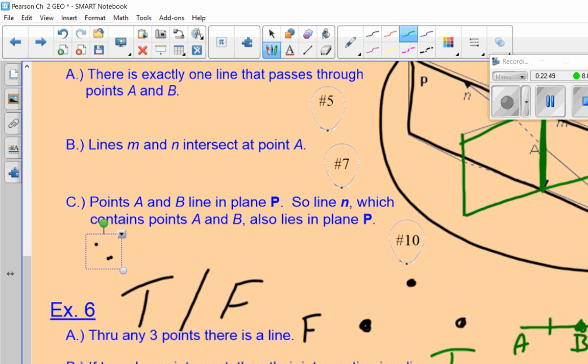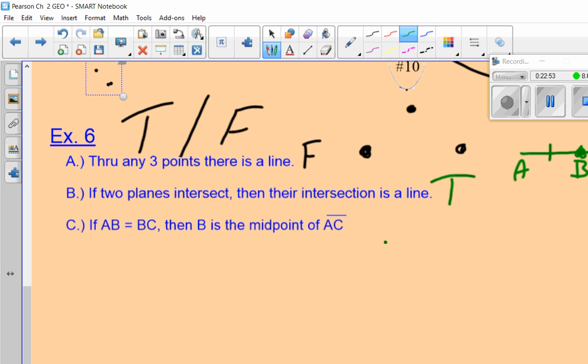But can't I draw, some of you guys are not going to like me after I do this, something like this, where that's A, and this is B, and this is C, and say those 2 are equal? But B's not a midpoint. B's got to be on a line, and this obviously is 2 lines intersecting at point B. So that one's false.